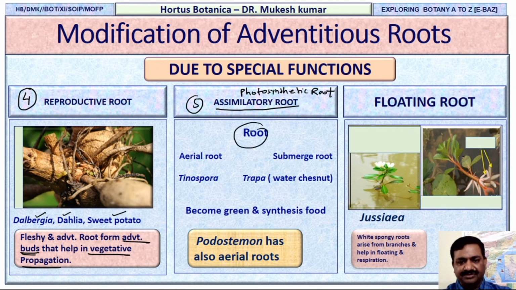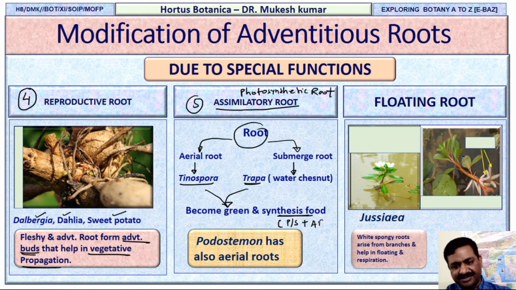So this root may be in aerial position or in submerged condition. In aerial condition it is found in Tinospora, but in submerged condition it is found in Trapa. Both become green and synthesize the food. That's why it is called photosynthetic root or assimilatory root.